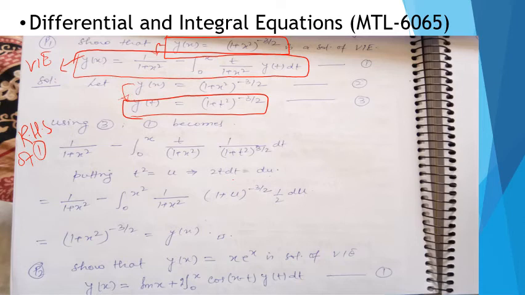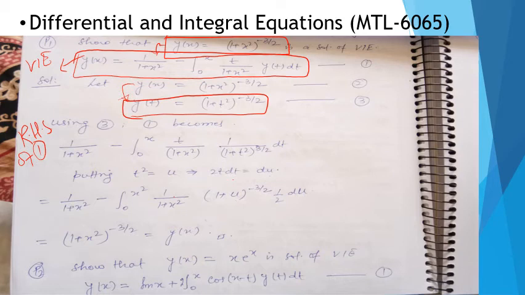And 1 upon 1 plus x square minus integral 0 to x square, 1 upon 1 plus x square, (1 plus u) to the power minus 3 by 2. Here t and x are the same.